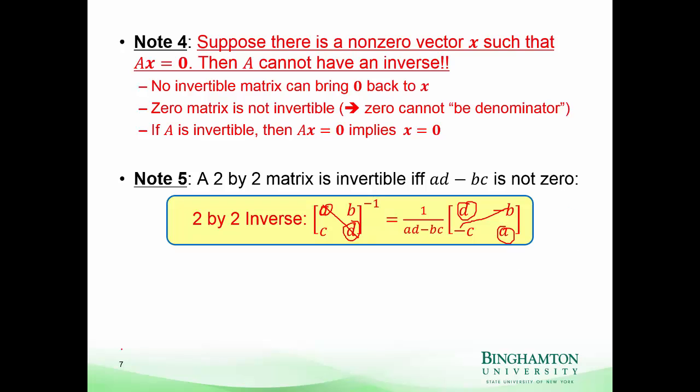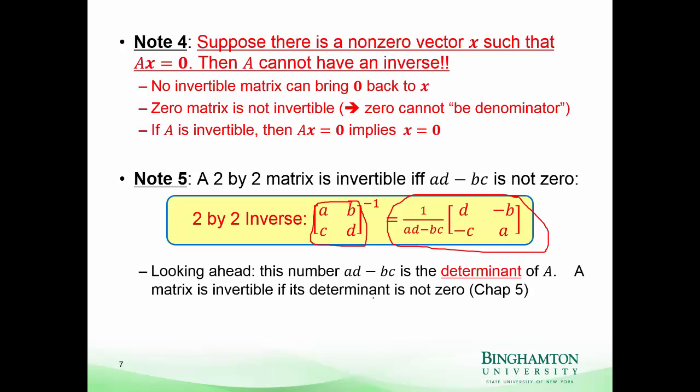I would encourage you to leave it as A, B, C, and D for arbitrary values, take this thing and multiply it by the A, which is this thing without the inverse, and verify that you get the identity matrix. That would be an excellent little exercise for you to do.